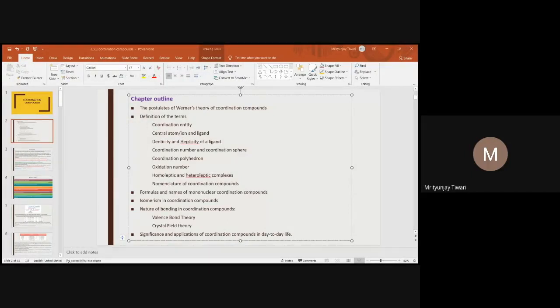Please remember that usually transition metals form coordination compounds; coordination compounds of transition metals are more common. It doesn't mean that inner transition metals, the lanthanides and actinides, or main group elements will not form coordination compounds.